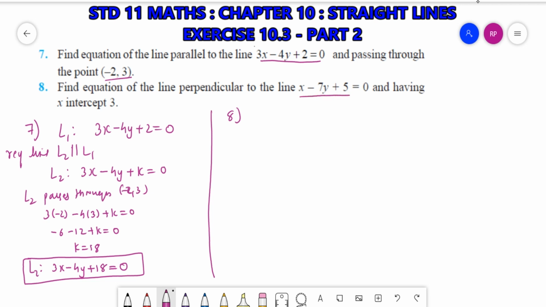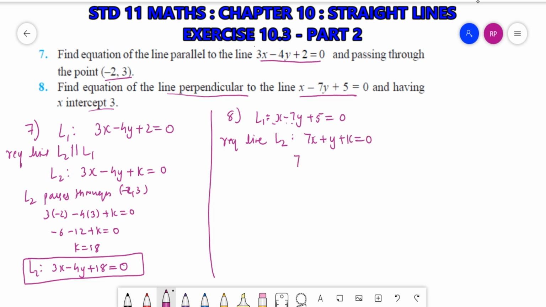Now here the given line is x - 7y + 5 = 0. The required line, you have to find out, is perpendicular to this line and has x-intercept 3. Clear? So the required line L2, now exchange the coefficients: 7x, instead of minus I will use plus, coefficient of x is 1, plus k equal to 0.